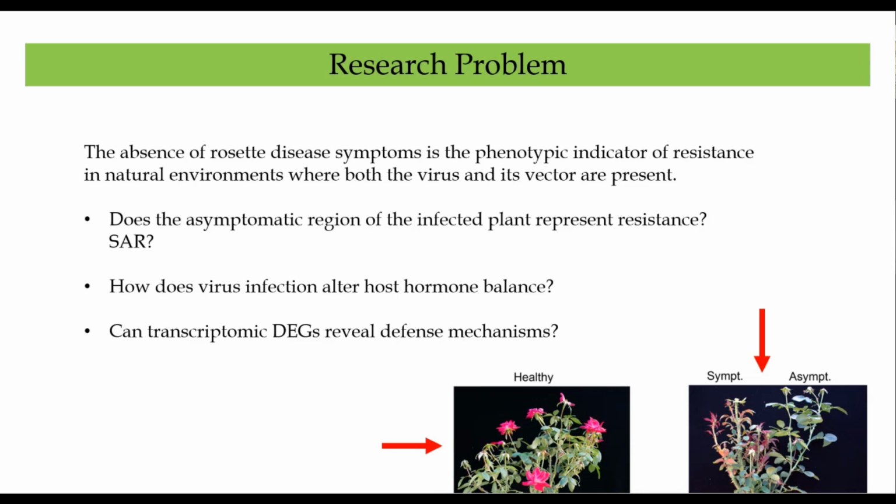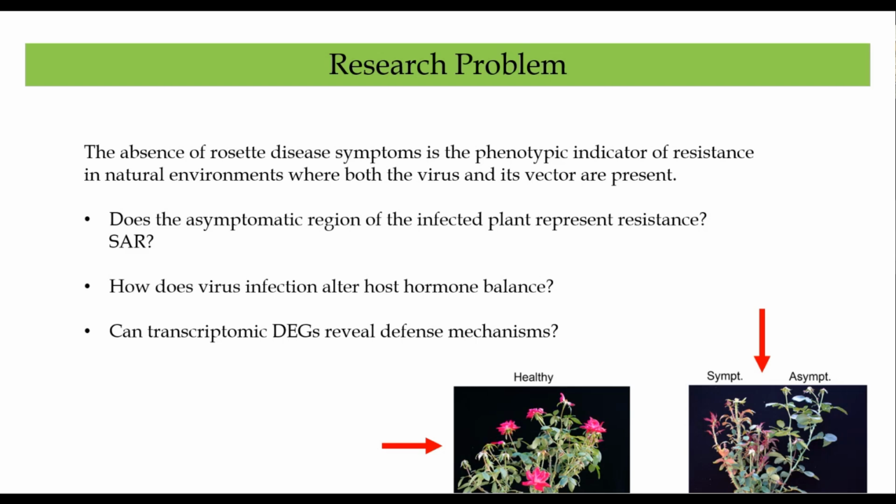So out in the field, when raters are scoring visually, it might be misleading, saying maybe this is a healthy plant, but in reality it is actually an infected plant. So when it comes to phenotypic resistance in the field, the absence of Rosette symptoms might be an indicator of phenotypic resistance.